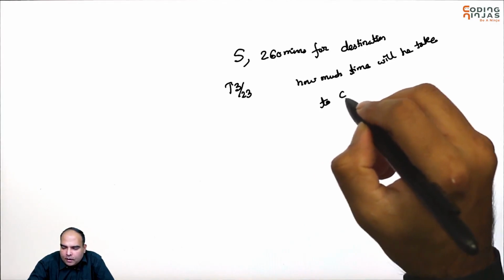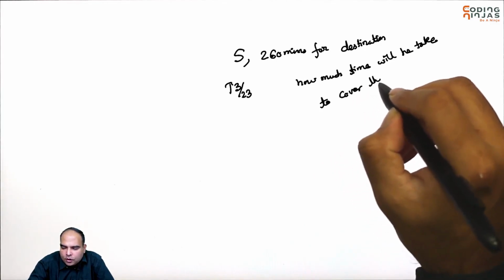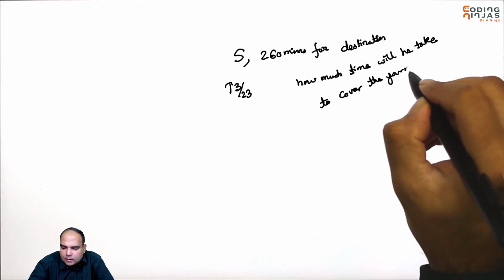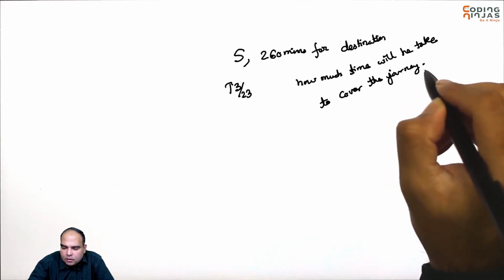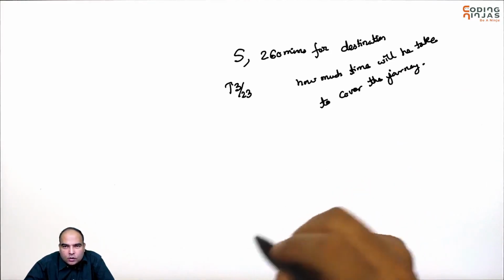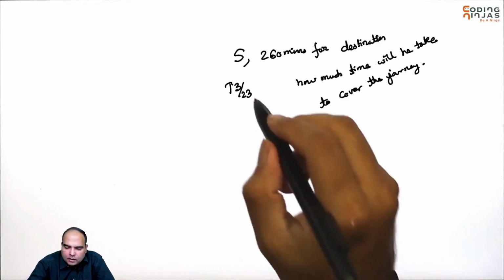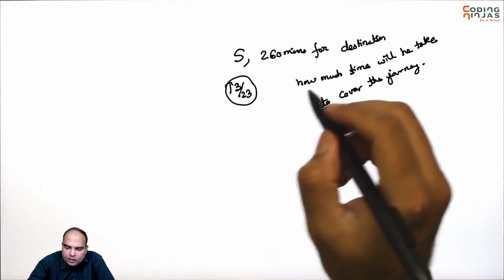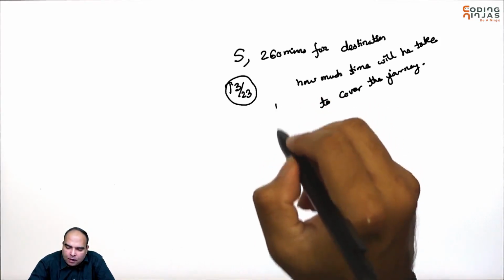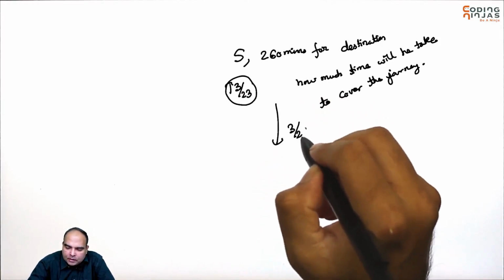So the simple single step structure of solution is this: the speed is going up by 3 by 23, the time will come down by 3 by 26.